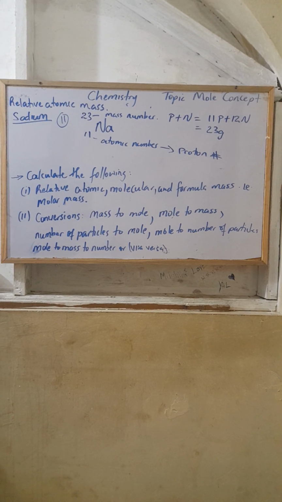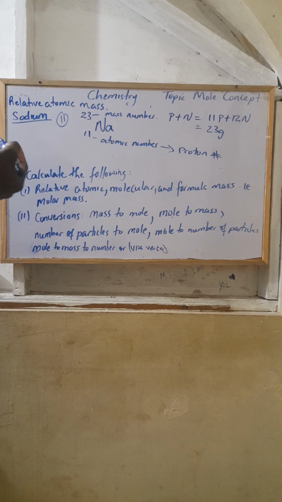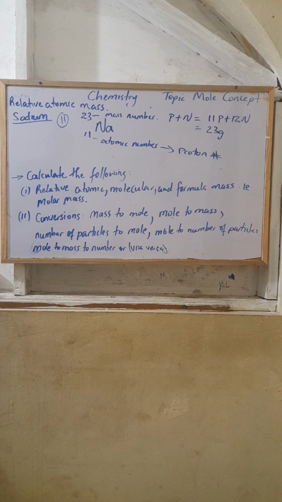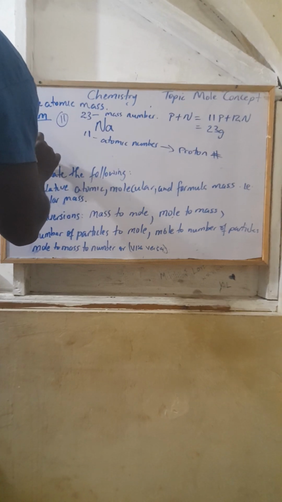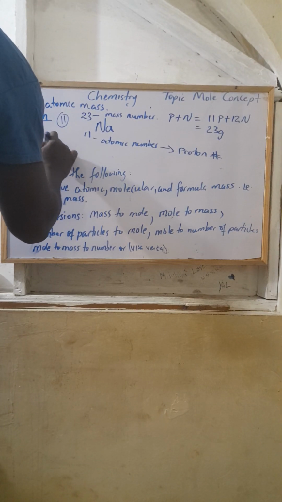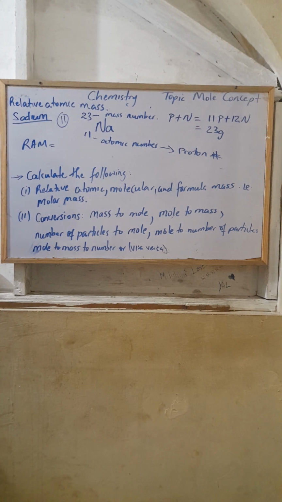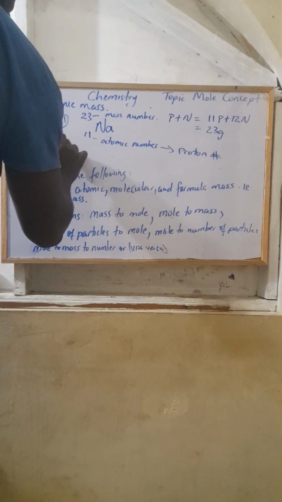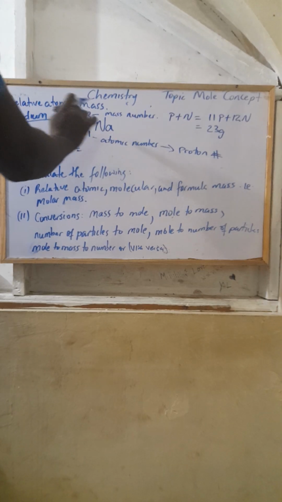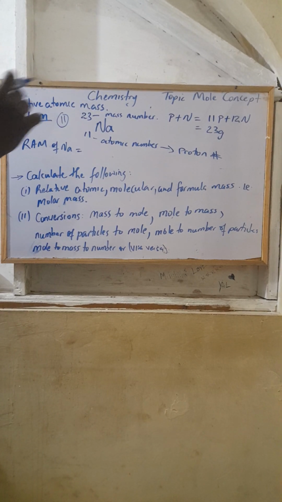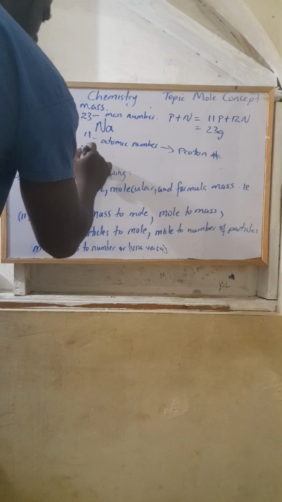Now, how do we then calculate the relative atomic mass of sodium? Well, the relative atomic mass is simply the mass of one mole of that atom, which is 23 grams. So the RAM, relative atomic mass of sodium, is simply the mass of the atom, which is 23 grams.